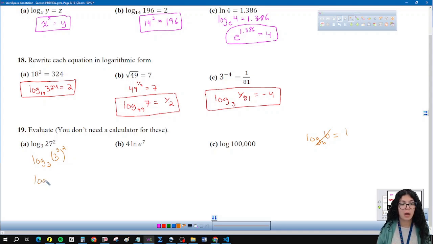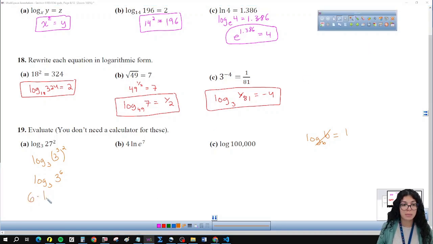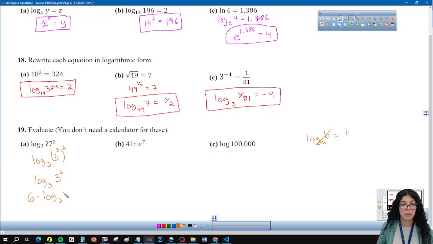So this is really log base 3 of 3 to the power of 6. And remember, the power rule for logs says that the 6 with the power, I can instead write as multiplying out in front. So this is 6 times log base 3 of 3. And the log base and the log number are the same, so that cancels out. So this is really just 6 times 1, which is 6.